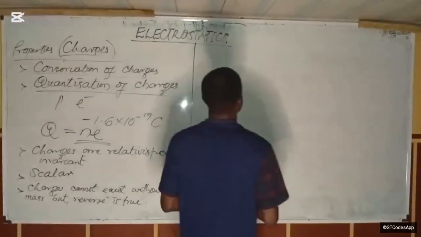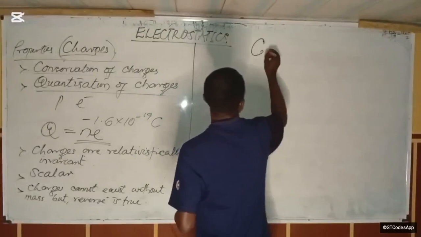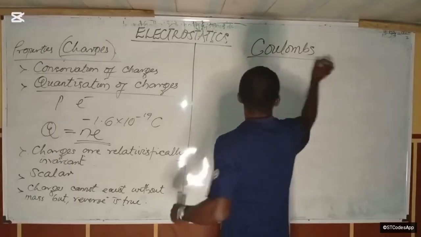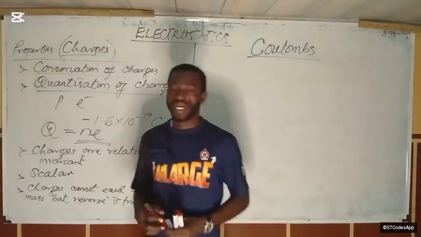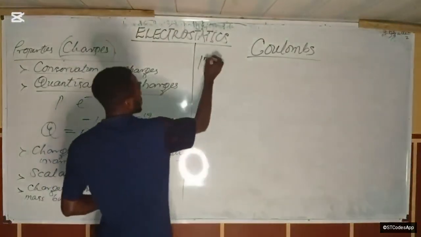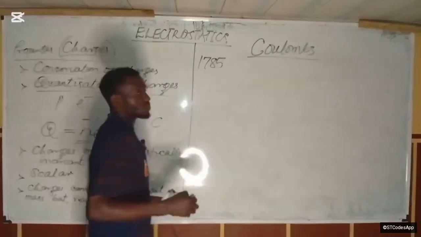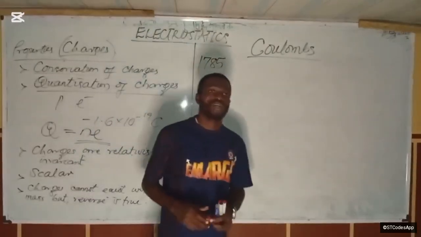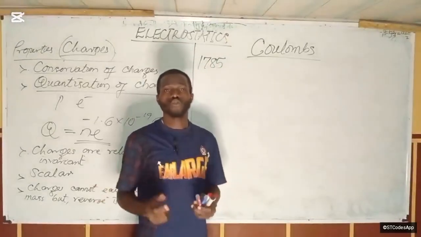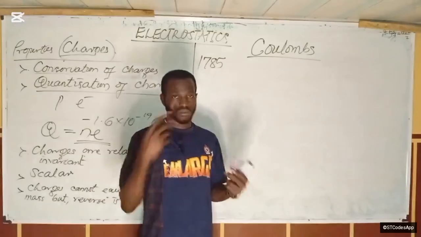Now let's get to Coulomb's law then. Coulomb was the scientist who, in 1785, gave us the description of the force between two charges in space.